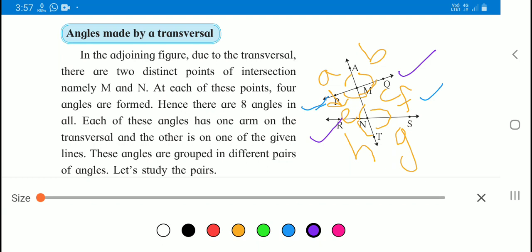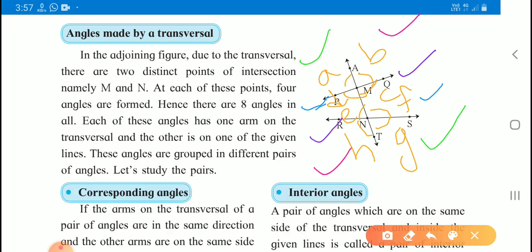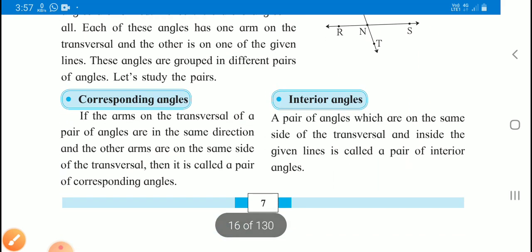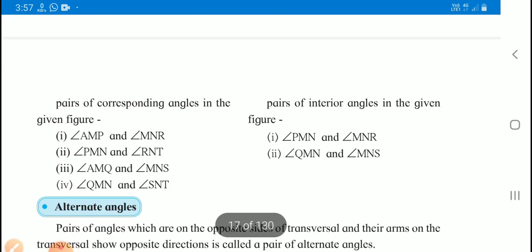Now exterior alternate angles are A and G as well as B and H. Do you understand these, students? We had seen the pairs of corresponding angles, interior angles and alternate angles. Now from your figure we will see the information given in your book.